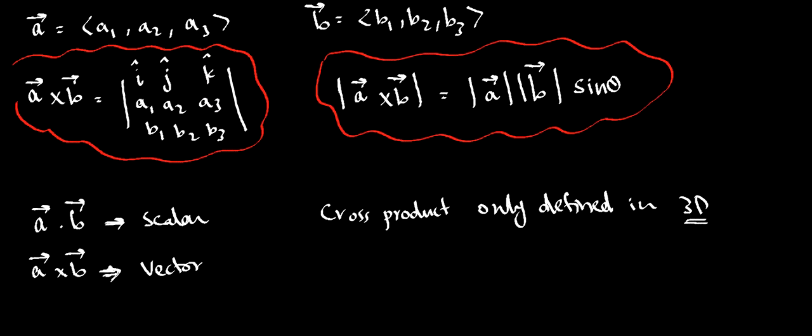Okay, so let's see a graphical representation of cross products. If this is vector A over here, and this is vector B, then A cross B is going to give us this vector over here, which is perpendicular to both vector A and vector B. And the way we figure out the direction is by using the right hand rule.